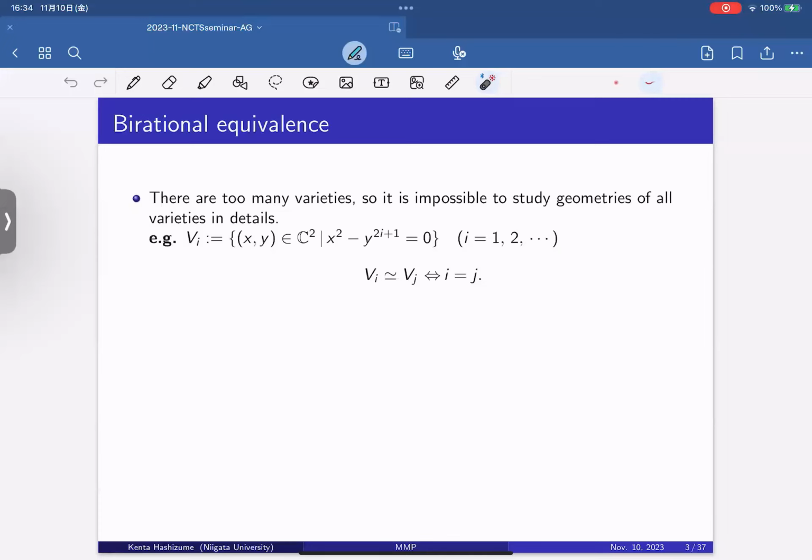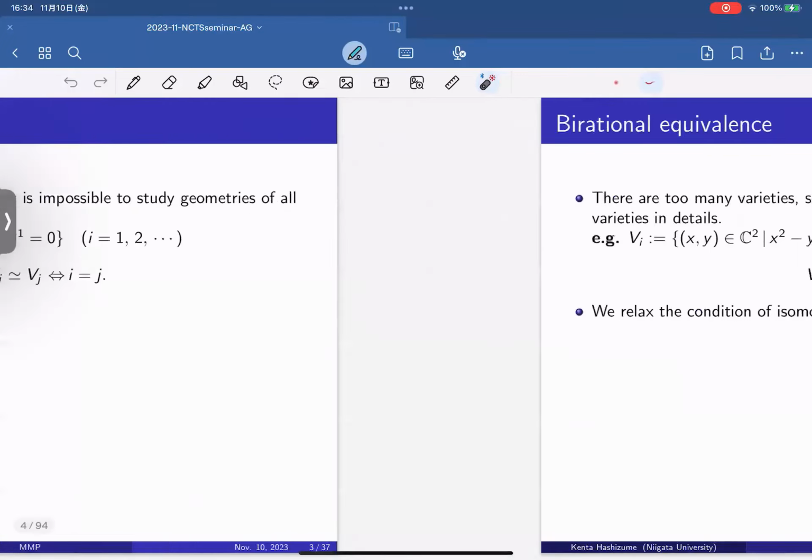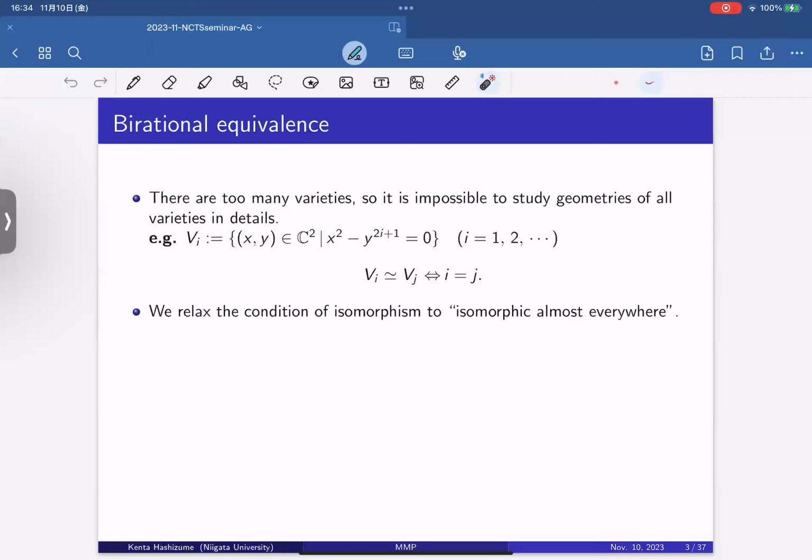So even in the one-dimensional affine variety case, there are many varieties. So to classify all algebraic varieties, we need another idea. One idea is to use the notion of isomorphic almost everywhere.